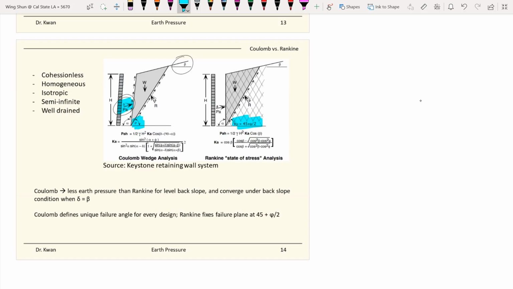So which one is better? It seems the transportation agencies in the United States, like AASHTO, prefer the Rankine method, as written in their manual. But other agencies may have different preferences on whether to use Coulomb or Rankine.